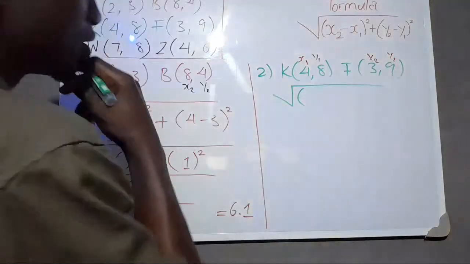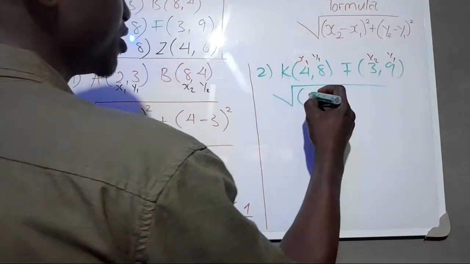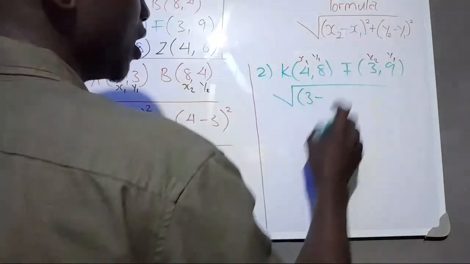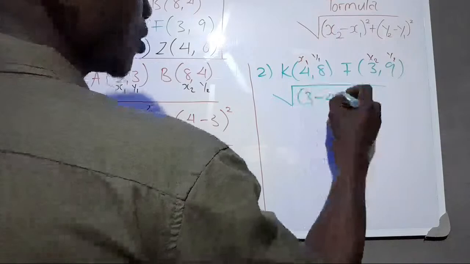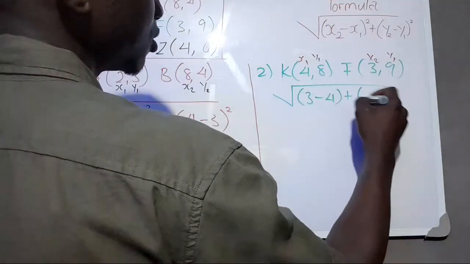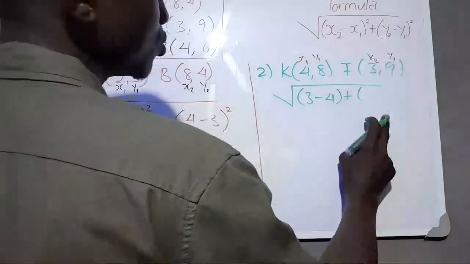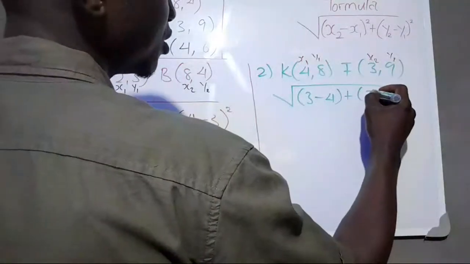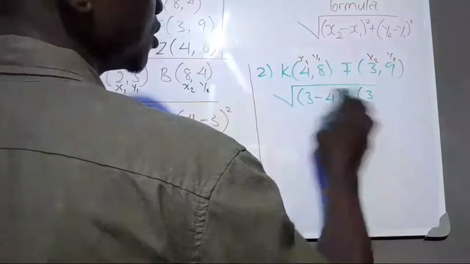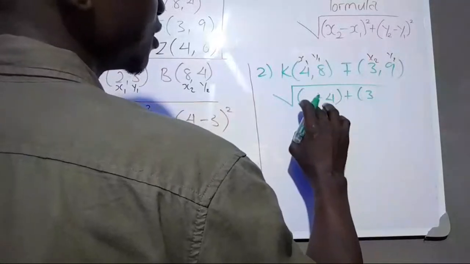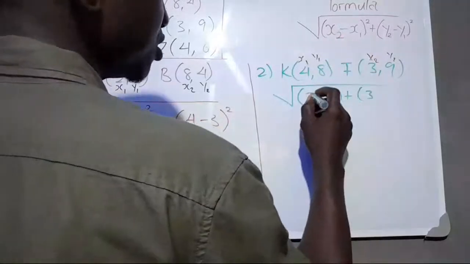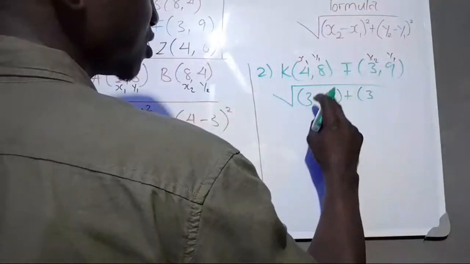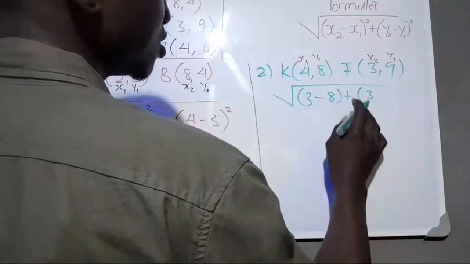So we have our x2, which is 3, minus our x1, which is 4, plus x2, which is our x2 is 3. This is supposed to be x2, which is 3, minus y1, which is 8.